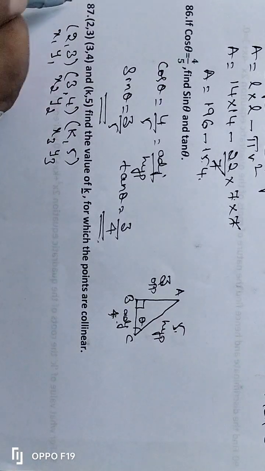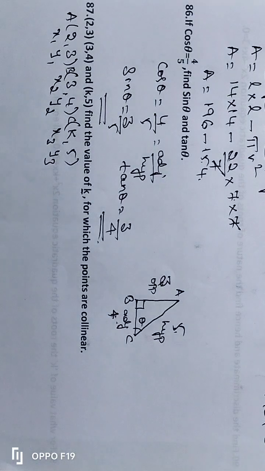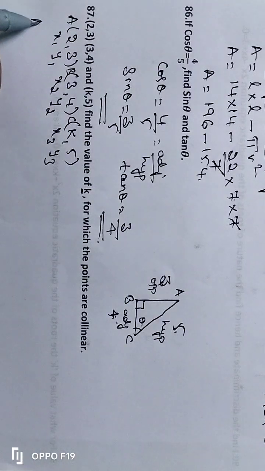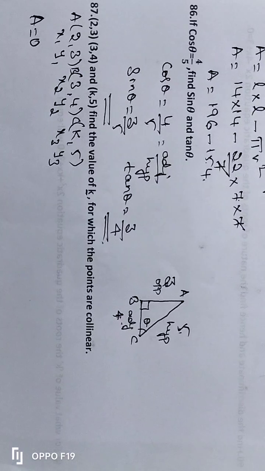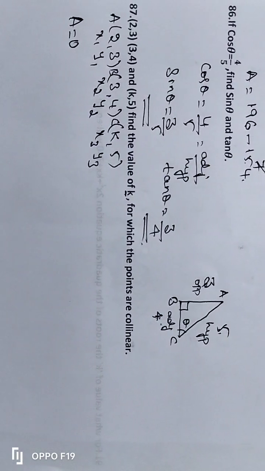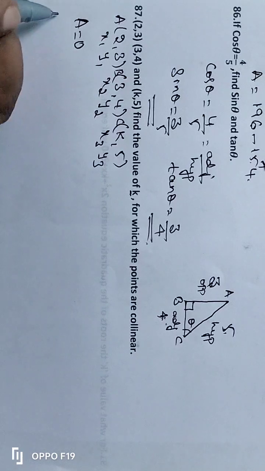For example, this is point A, this is point B and this is point C. If all the 3 points are collinear, it means the area of the triangle will be equal to 0, because all the 3 points are collinear. Now let us use the area of a triangle formula.